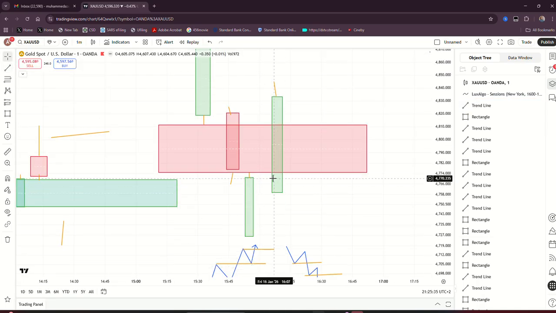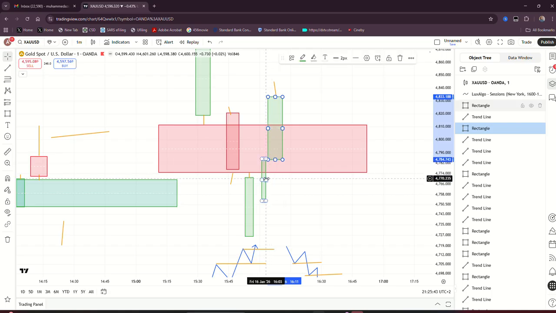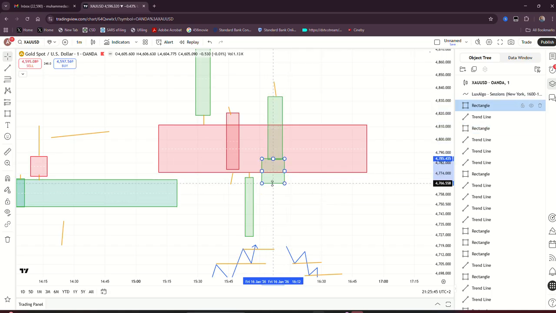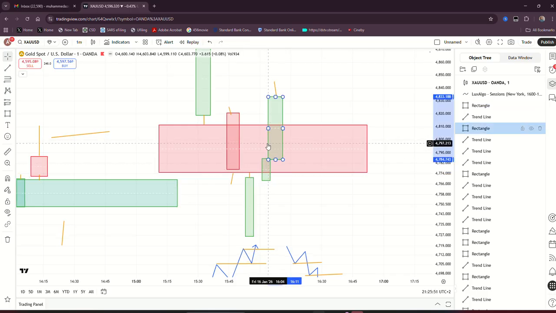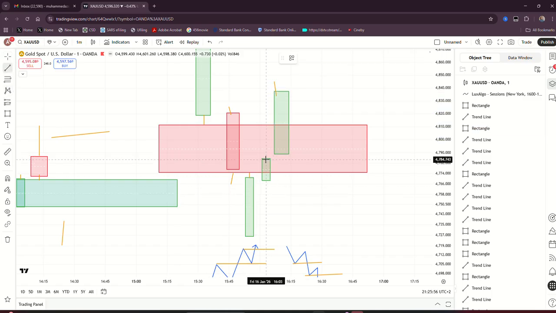You had the market create this candle here. You can even say it created another candle like this, and you can say that's your inverse fair value gap right there.